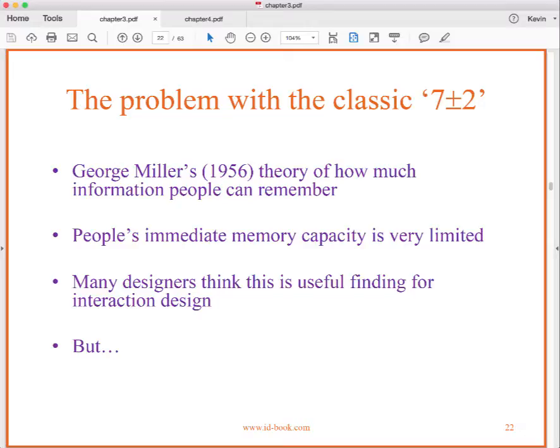So, why did he come up with that? Well, people's immediate or short-term memory capacity is very limited. And they did research, typically asking people to remember a sequence of numbers, and they found out that people did best in that kind of range.